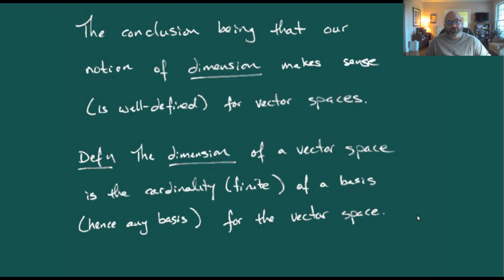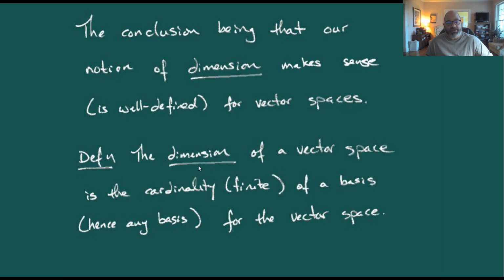So the conclusion that we get from this is that this notion of dimension, being defined as the finite cardinality of a basis, is going to be the same regardless of what the basis is.